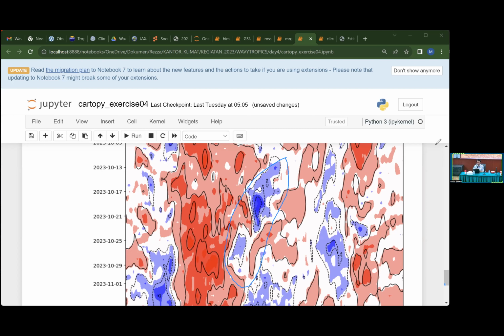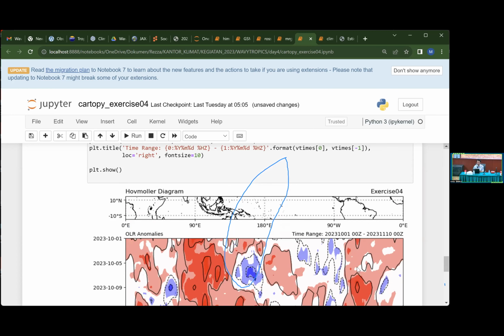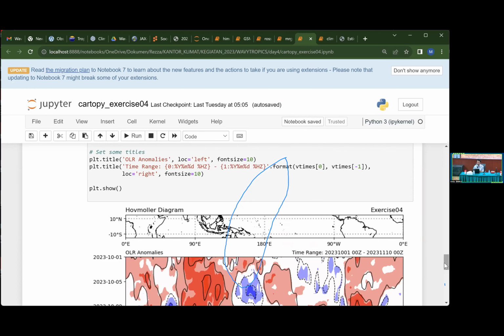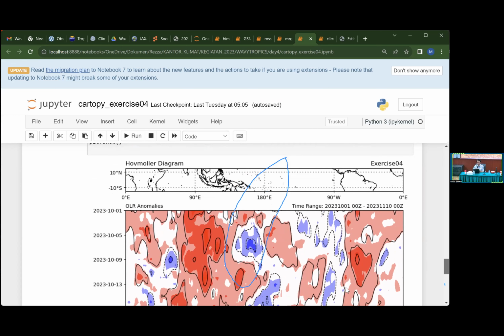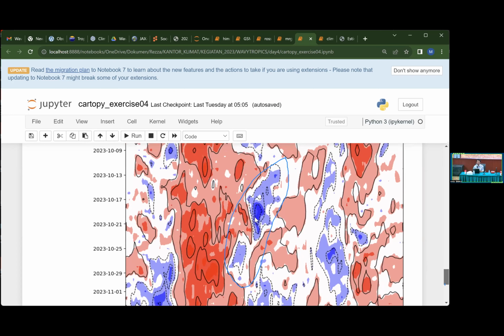We can check this one. Here is like the Western Pacific, just above Papua. Okay, so this can be a remarkable cloud cluster propagating westward about 3 or 4 days, I guess. Wait a moment, I will clear this.